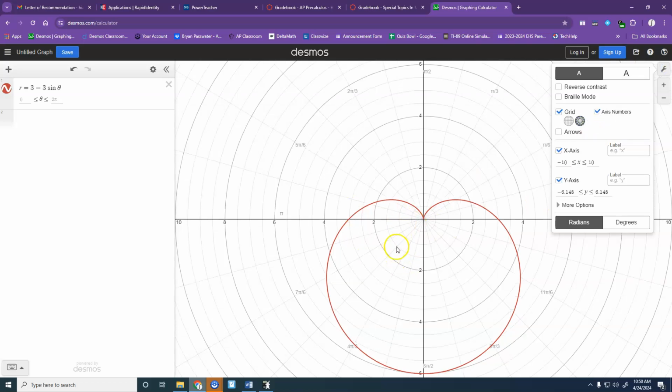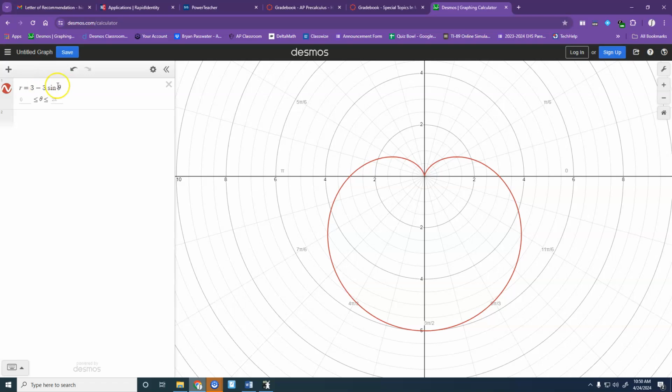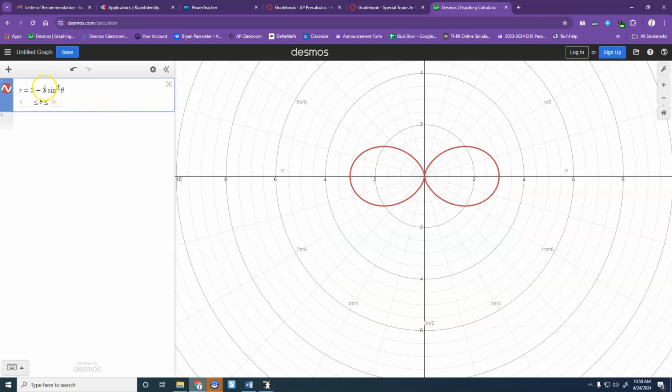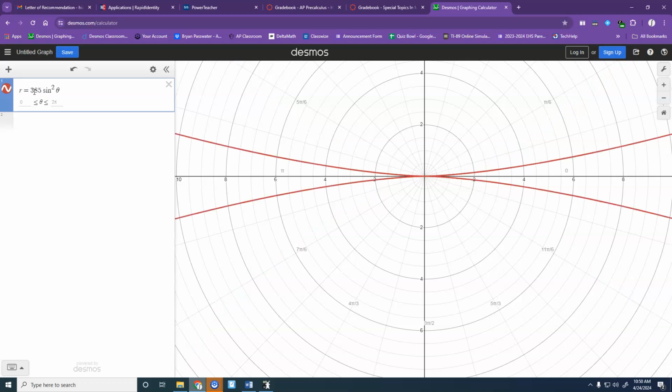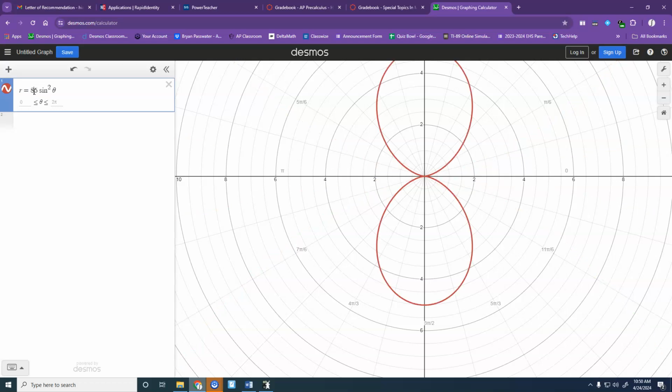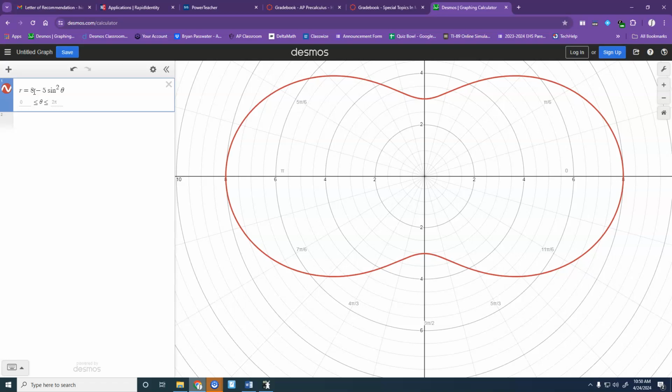So that makes it really cool. You can do different stuff. Like, if I square that, look what it turns into. If I change this to a 5, it would look like that. Put an 8 right there. It turns into this. It makes all kinds of really cool shapes if you do stuff like this.